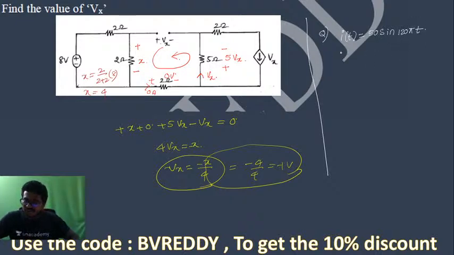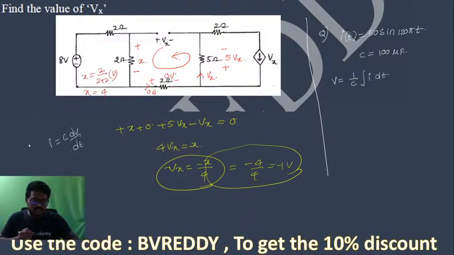Now we need to find the voltage. This is the capacitor, with capacitance given as 100 microfarads. As we know, V is equal to 1 by C integral of I into dt. We know I is equal to C into dV by dt, so V is equal to the integration of this.